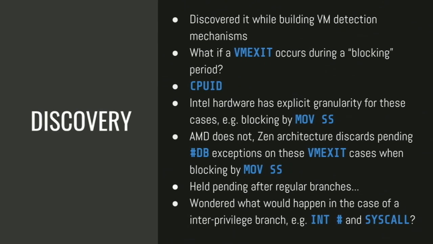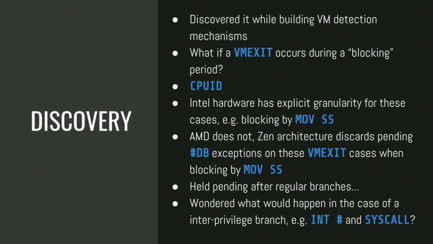Just to dive into a deep technical detail quickly: on AMD, if we have a VM exit after CPUID with a pending DB, it just completely throws it out. In Intel, it's actually held pending, and if the VMM developer wrote their code correctly, it will be thrown after CPUID increments its instruction by one complete cycle.